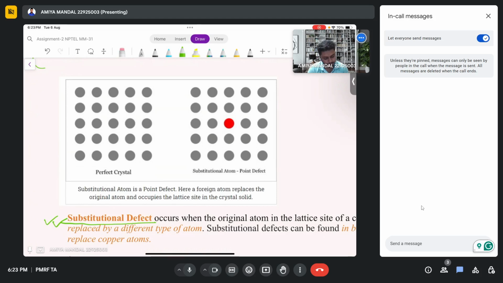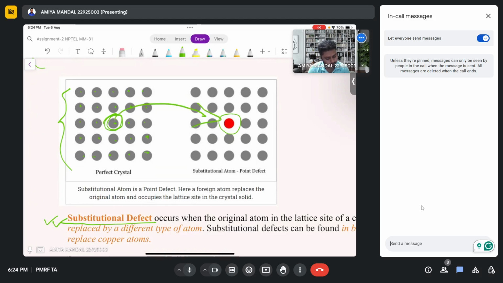Now this is a perfect crystal where every atom is arranged periodically at its lattice site. Now, if a foreign atom replaces the original atom at its site, here this atom has been replaced by this red colored atom and it occupies this lattice site.